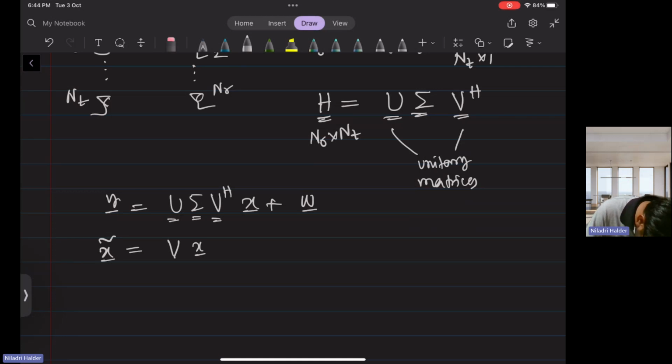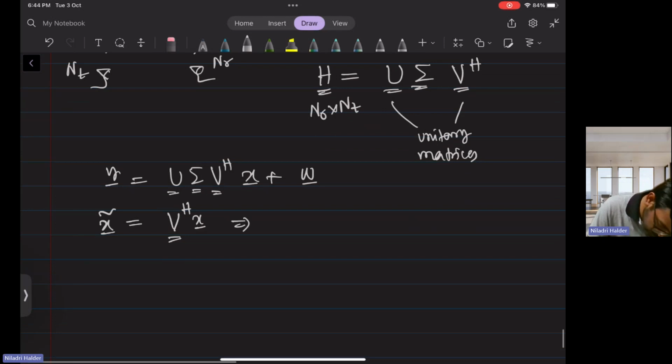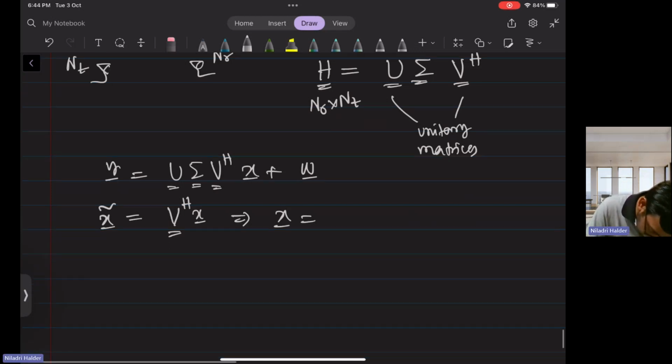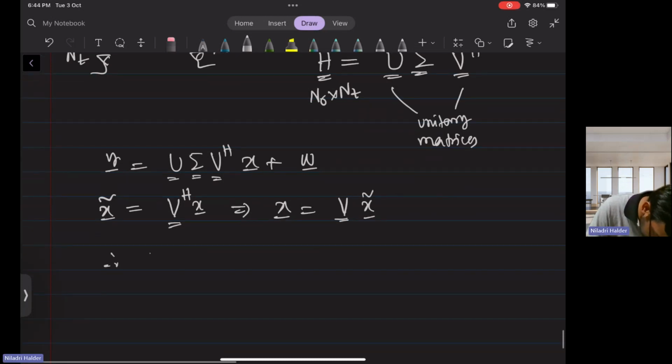We can send V Hermitian here. Then x we are sending, and x tilde is equal to V Hermitian x. So x equal to V into x tilde. So that means y equal to U sigma, and V Hermitian V is identity, so x tilde plus w.